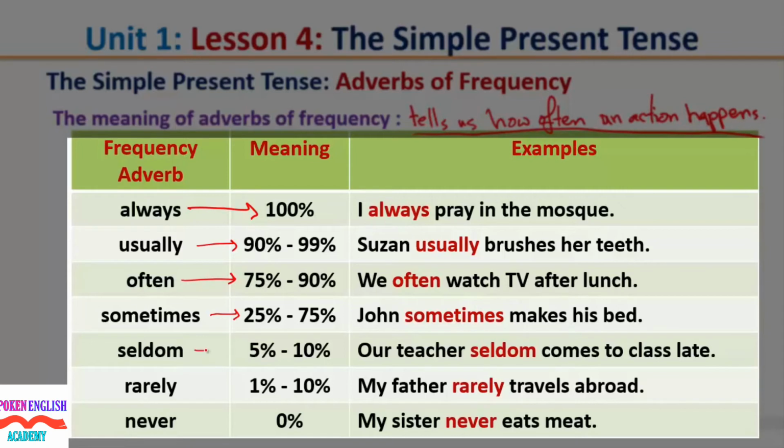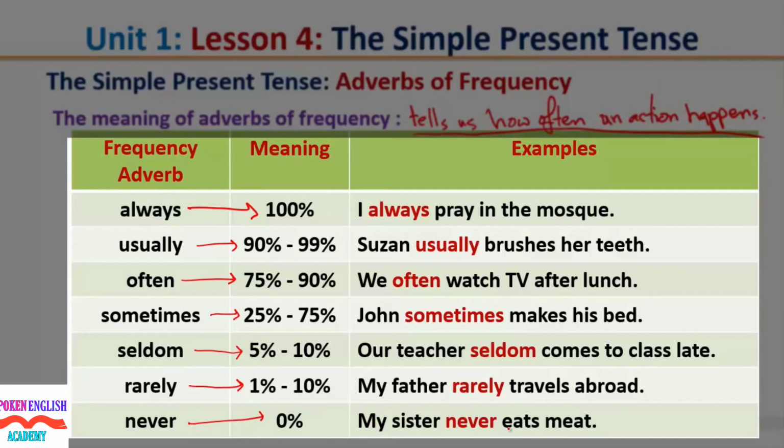Seldom. Seldom means from 5% to 10%. Example, our teacher seldom comes to class late. Rarely. Rarely means from 1% to 10%. My father rarely travels abroad. Never. Never means 0%.